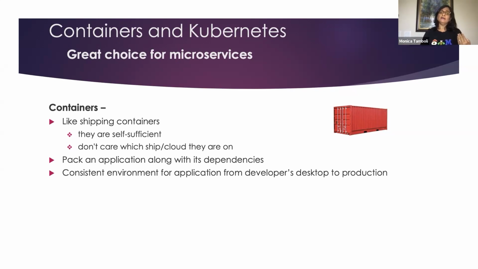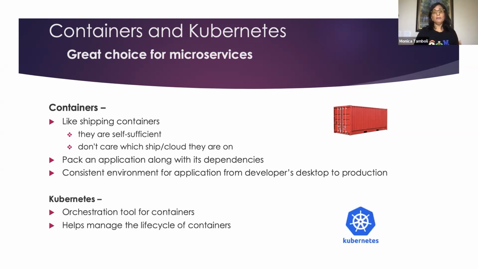With multiple microservices, you can imagine a lot of containers running, and you need something more to manage the life cycle of these containers. That's where Kubernetes comes into the picture. Kubernetes helps with orchestration of these containers. It helps manage the life cycle of these containers.